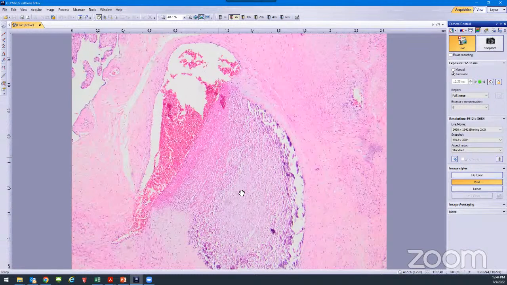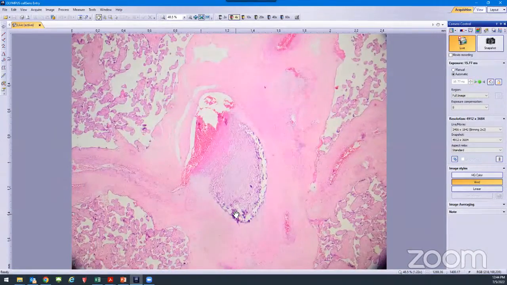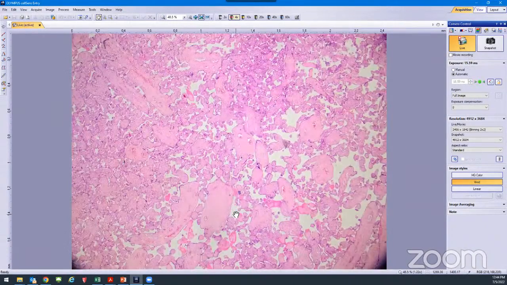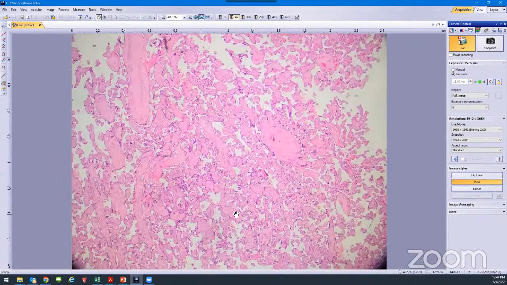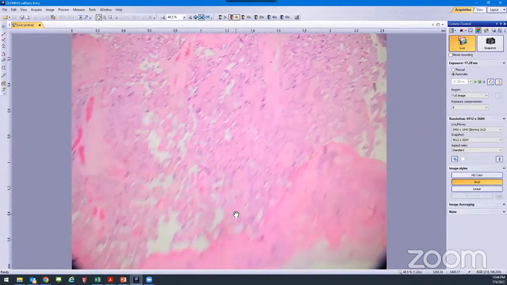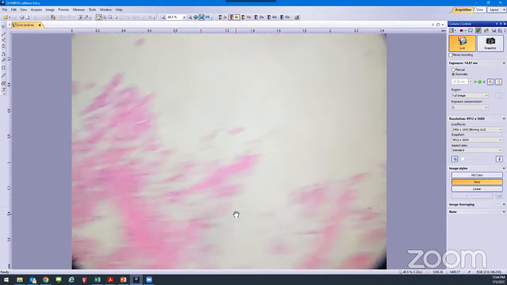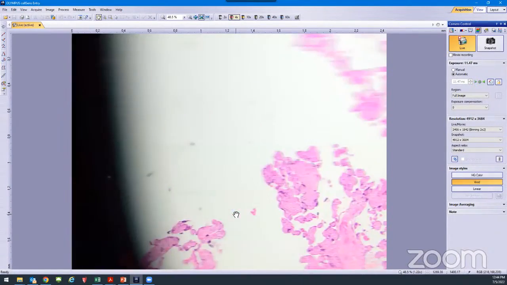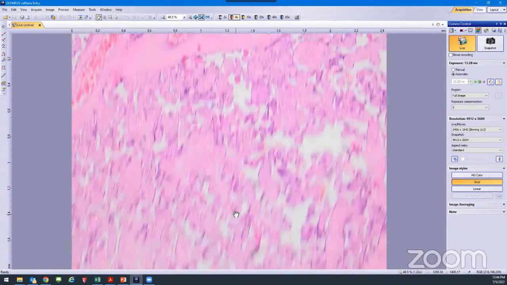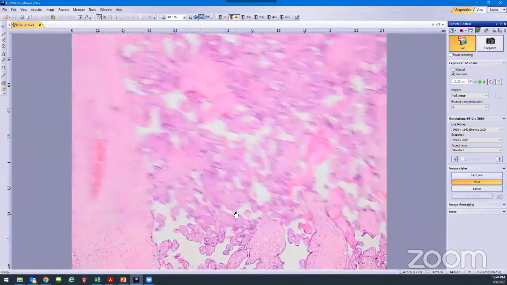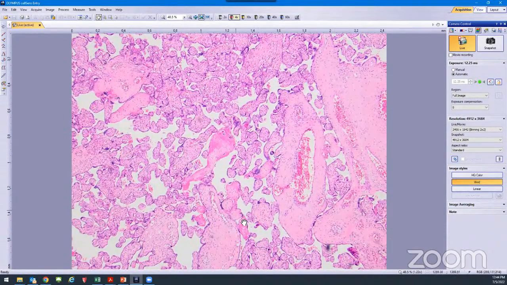So this again is a remote, non-occlusive thrombus. And again, you can start picking out the avascular villi.